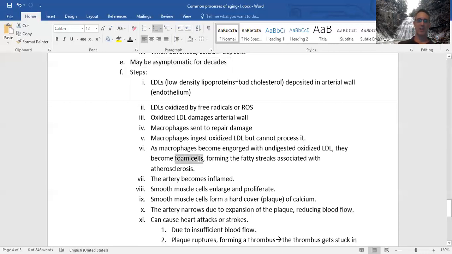So if you ever see this in the literature, that's what foam cells are. They're these macrophages that have been filled up with all this undigested, oxidized LDL. And remember, LDL, lipoprotein, the cholesterol, this is a lipid. And so when we talk about fatty streaks or a fatty deposit being part of atherosclerosis, that's it.